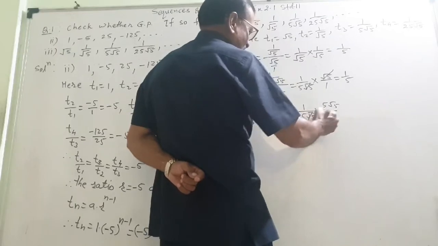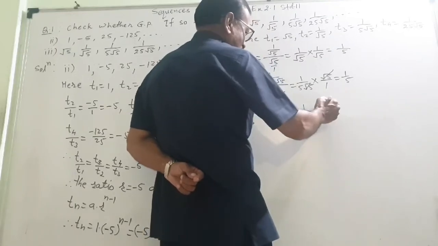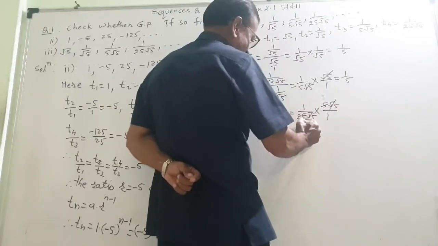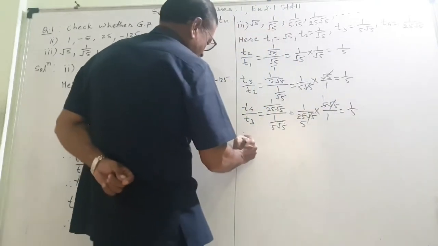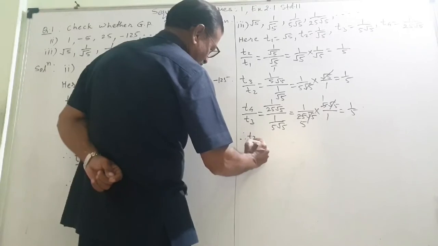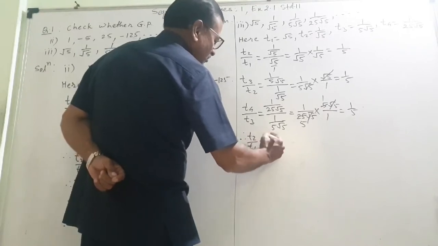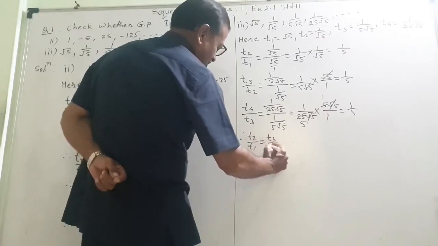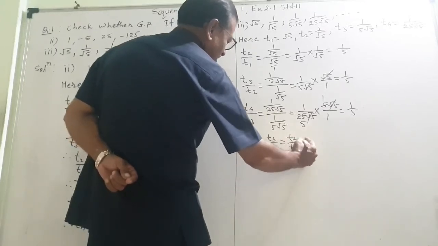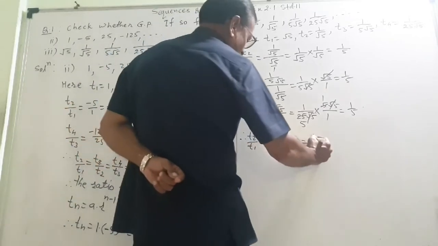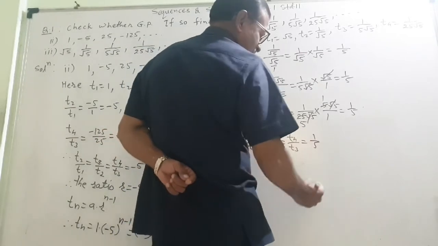This will get cancelled, this will get cancelled, and 5 1s are 5, 5 5s are 25, that is equal to 1 upon 5. Therefore, T2 upon T1 is equal to T3 upon T2 is equal to T4 upon T3 is equal to 1 upon 5, which is constant.